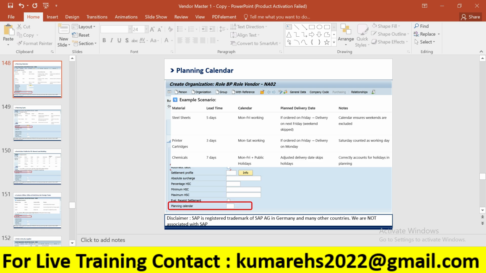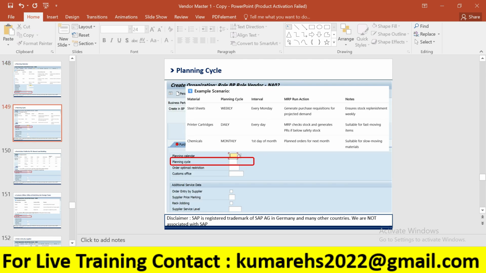The next field is planning cycle. So what is meant by planning cycle? The planning cycle in SAP is a concept used in material requirement planning, MRP, to define the frequency and timing of planning runs for a material. It determines how often SAP checks material requirements and generates procurement proposals like purchase requisitions, planned orders, and production orders.